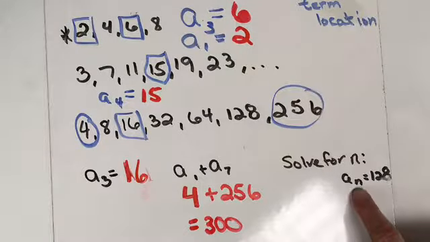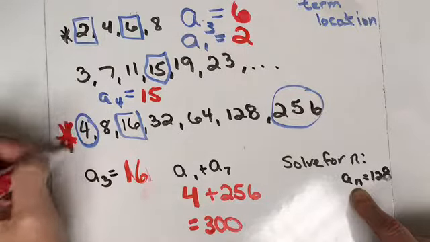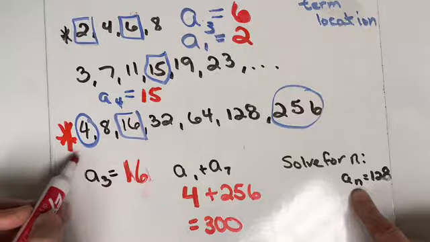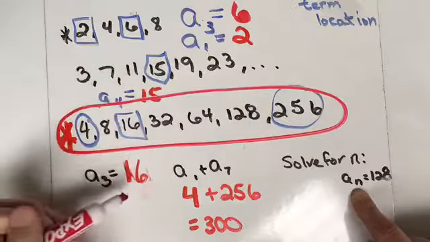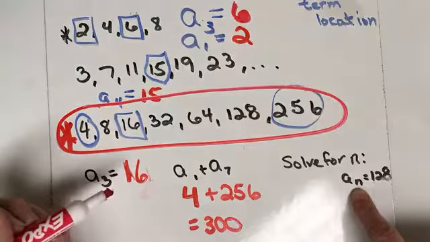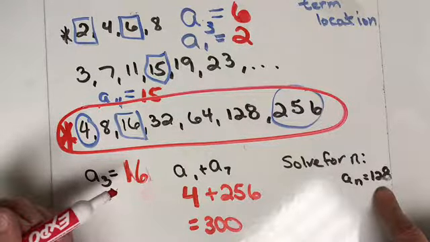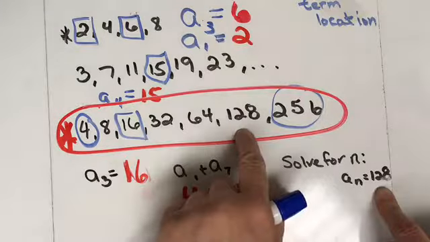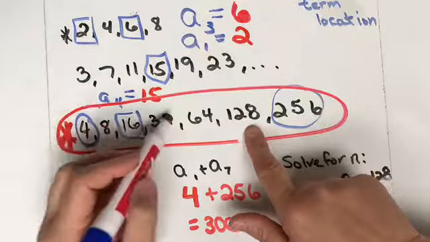All right, now we can work backwards using the same information. So I'm going to solve for n. So I'm still using this sequence right here. In the sequence, it's asking to find my term location, knowing that my number is 128. Well, I know 128 is right here, so I'm going to work backwards. 1, 2, 3, 4, 5, 6.